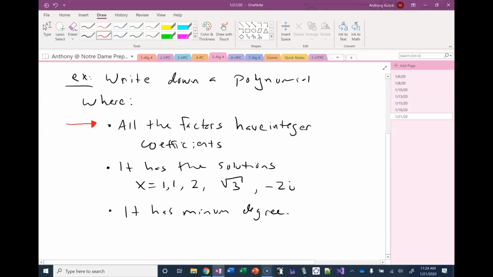So if we want all of our factors to have integer coefficients, what this means is that we have to make sure that the irrational conjugates theorem and complex conjugate theorem are followed.